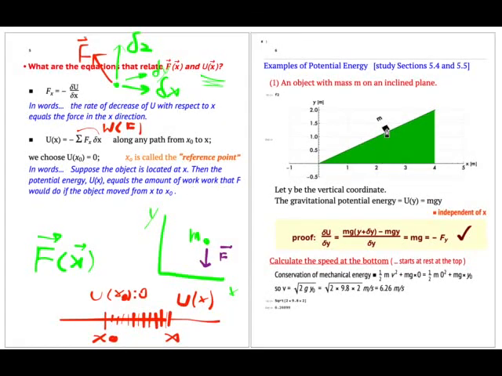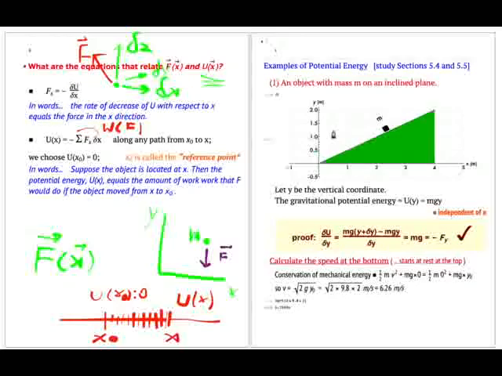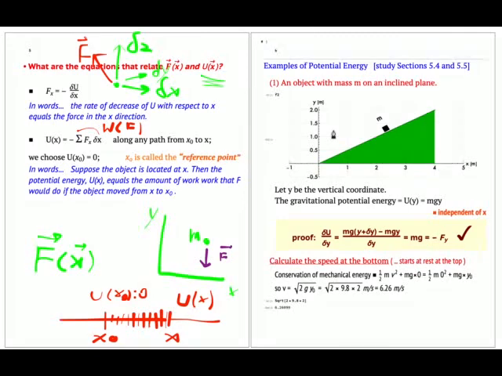If we set m at this point and let go of it, it'll accelerate down the plane. If I put m at this point and kick it up this way, it'll move up this way for a while, but it'll slow down as it moves upward because of gravity. At some point it'll stop, turn around, and go back down. That's a kind of motion which is best described in terms of potential energy.